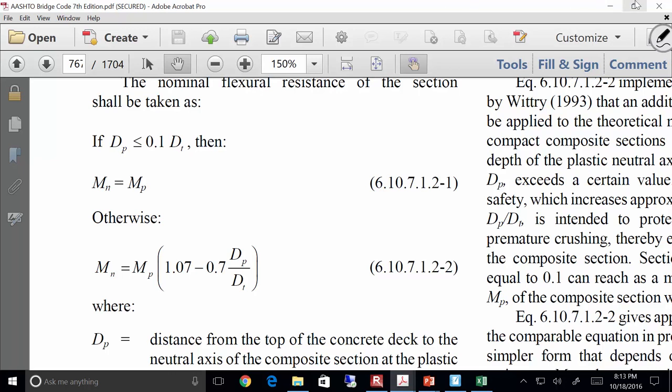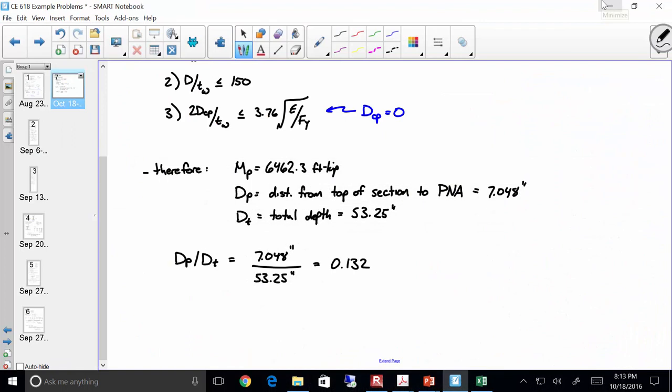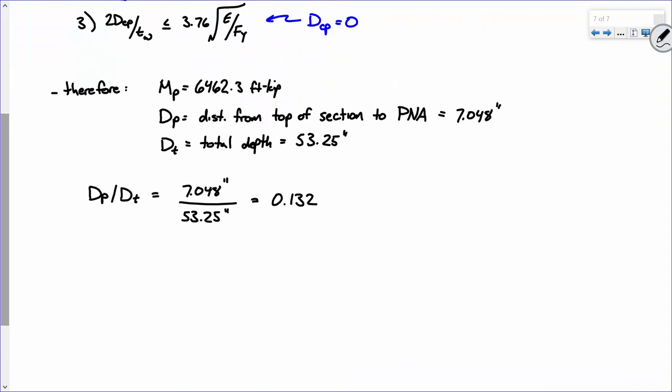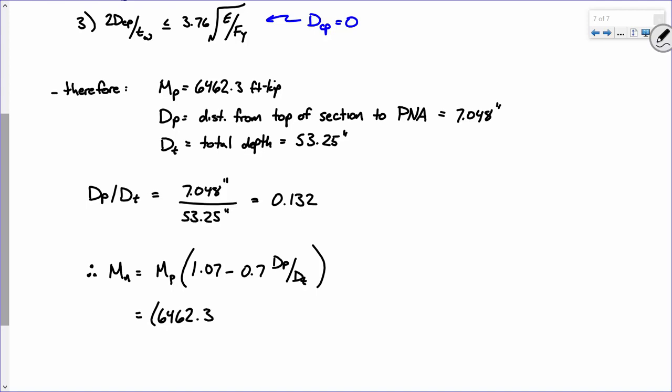So therefore, Mn is MP times (1.07 minus 0.7 dP over dt), where MP is 62.3 foot kips.